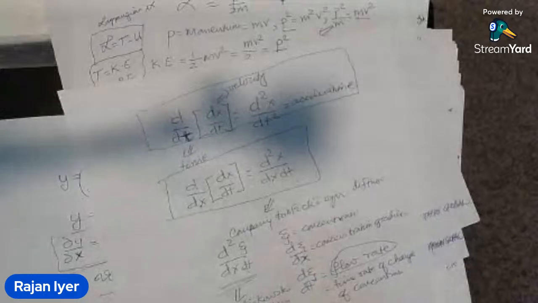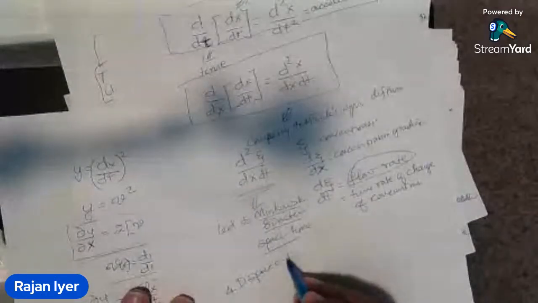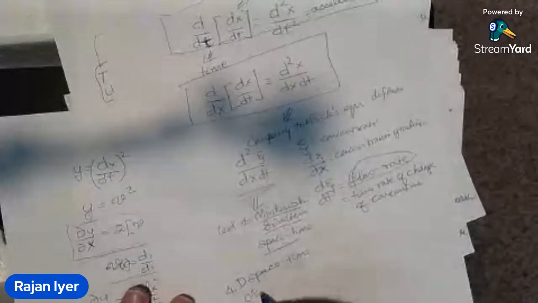Oh, it's interesting, yeah. So this is why it becomes complex, and Minkowski came up with the 4D space-time. It's called the Minkowski transformation, I think.